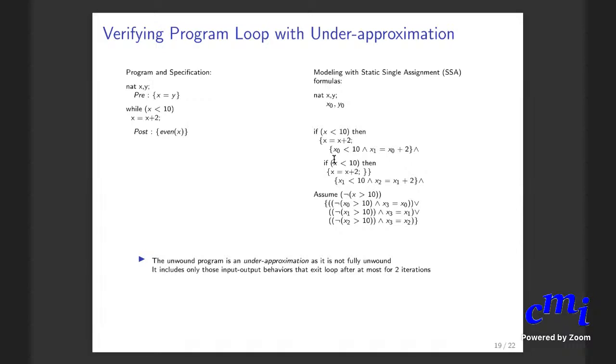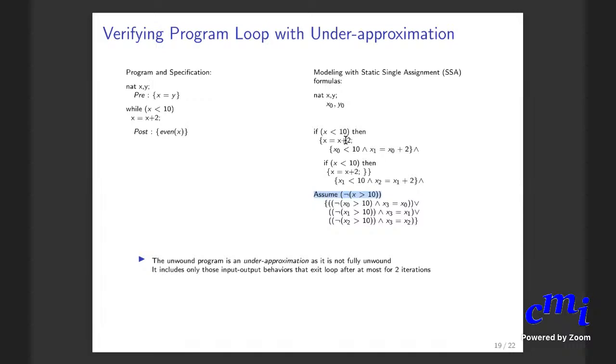If I unwind once, X1 denotes the value of X after one iteration. X2 denotes after two iterations. And indeed after 0, 1, or 2 iterations, I end up exiting the loop, which is what this assumed condition here is saying.